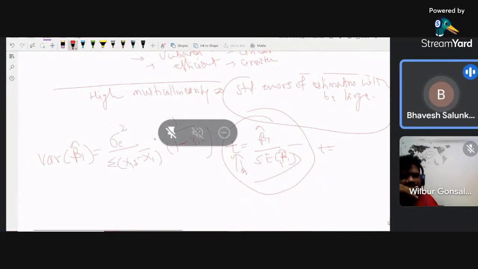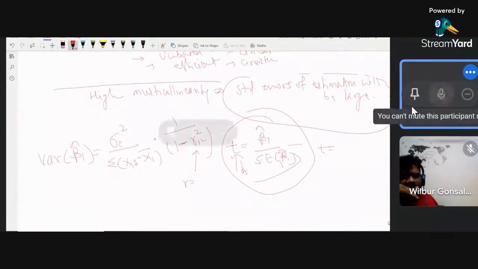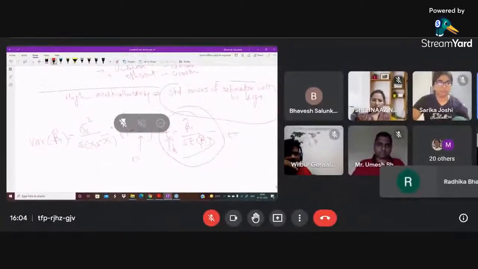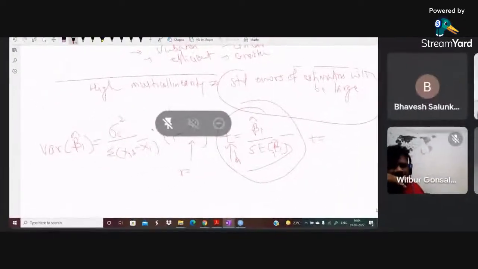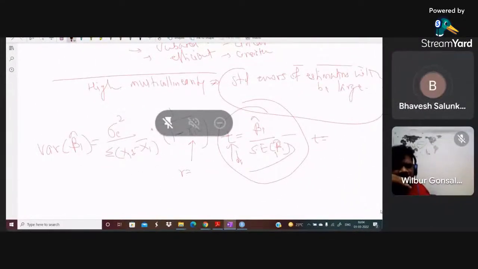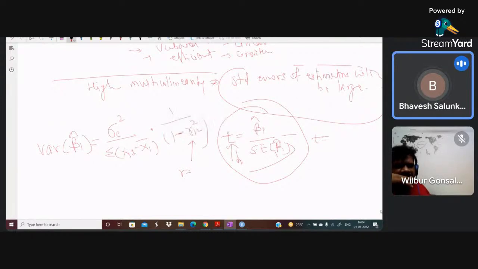Now what is r over here? It is the correlation coefficient between x1 and x2, so it is the squared correlation coefficient, called r squared. You must have heard about this term.